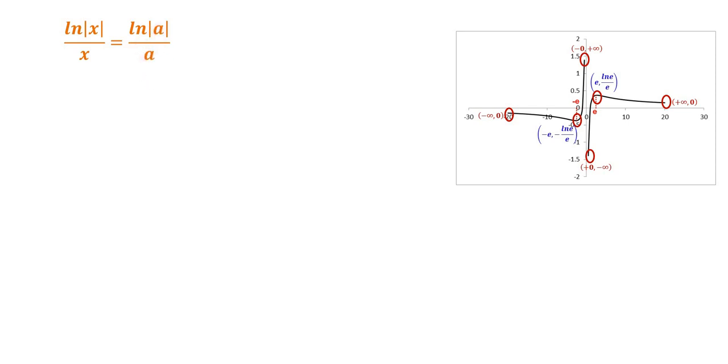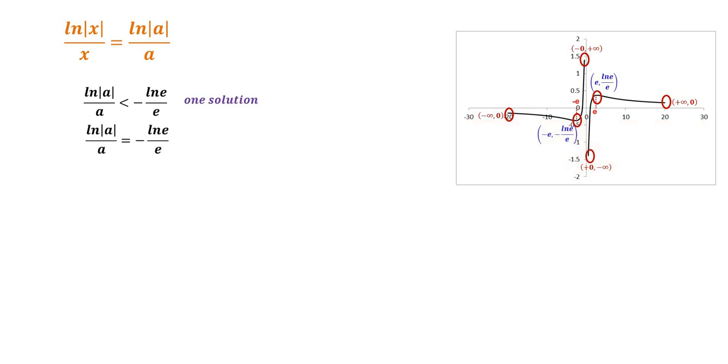So when ln|a| over a is less than negative ln e over e, so it's in this area, there will be one intersection with the function ln|x| over x. So there will be one intersection and one solution.